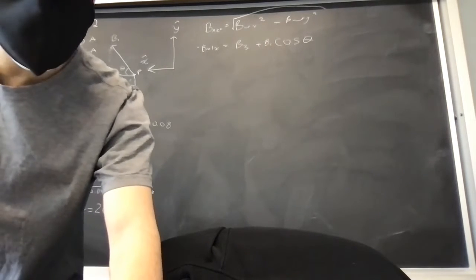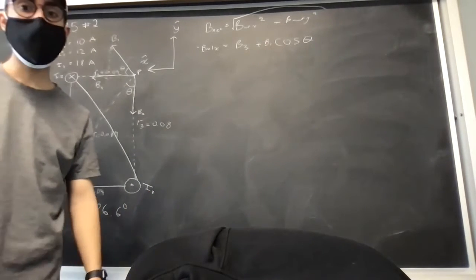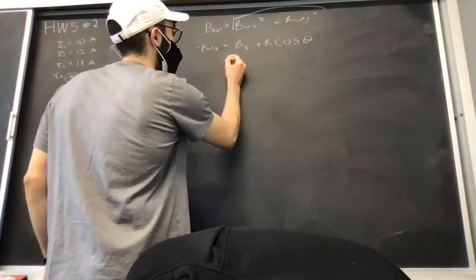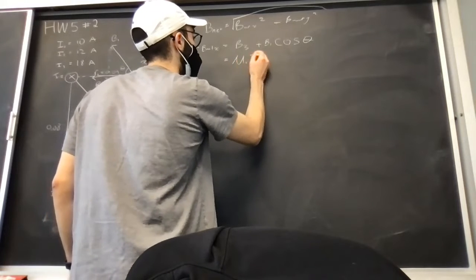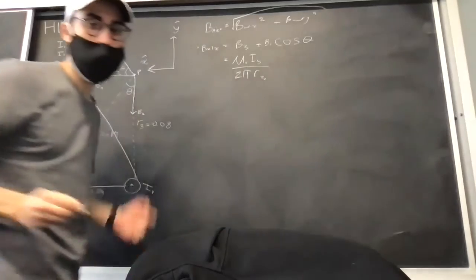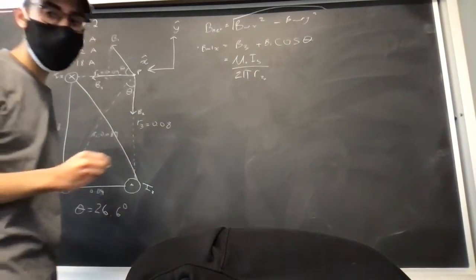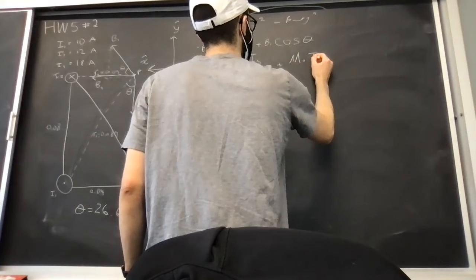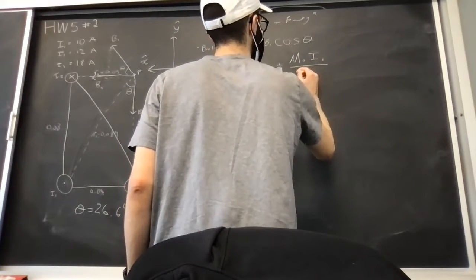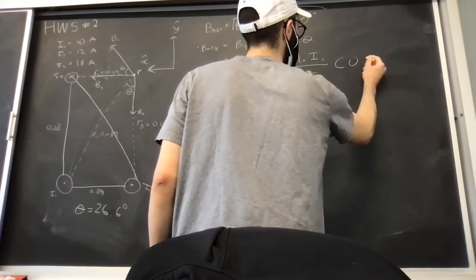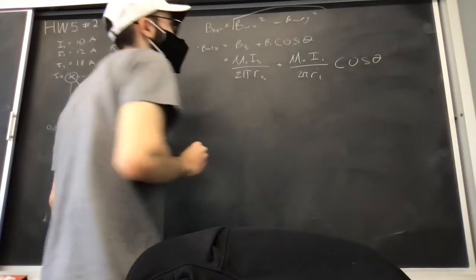We're going to use our equation, mu naught I over 2 pi r, whatever that r value is. So here we would do mu naught I3 over 2 pi R3. We already determined what R3 is. And then plus mu naught I1 over 2 pi R1 cosine theta.